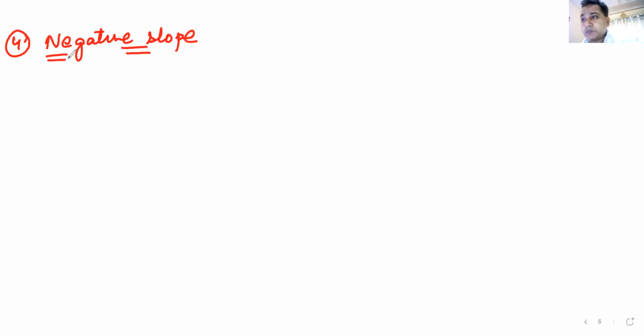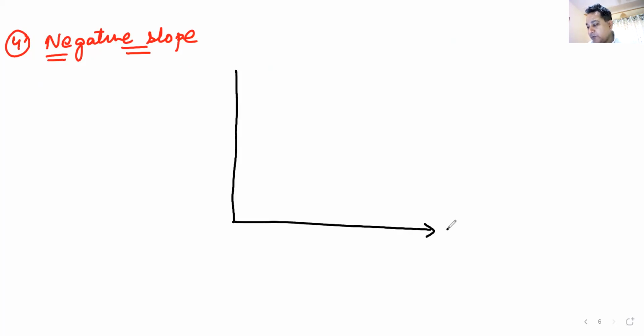The next type of graph would be negative slope graph. And now you can tell me, how will a negative slope graph look like? Please tell me till I draw that coordinate axis and everything.